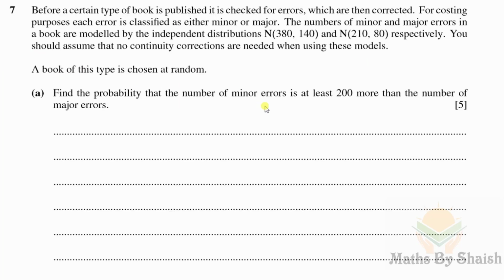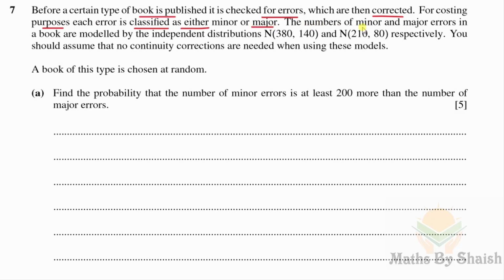Now here's the 7th question. Before a certain type of book is published, it is checked for errors, which are then corrected. For costing purposes, each error is classified as either minor or major.